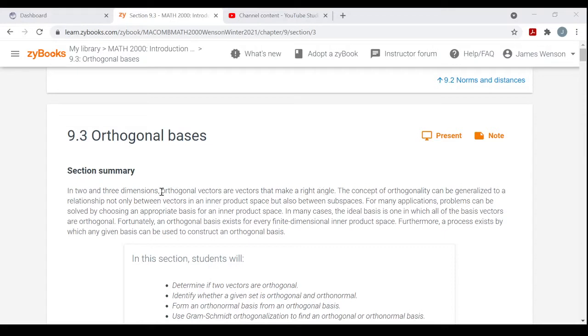You're going to see in a second here that the definition of orthogonal depends on how the inner product of two vectors is defined. So the concept of orthogonality can be generalized to a relationship not only between vectors in an inner product space, but also between subspaces.